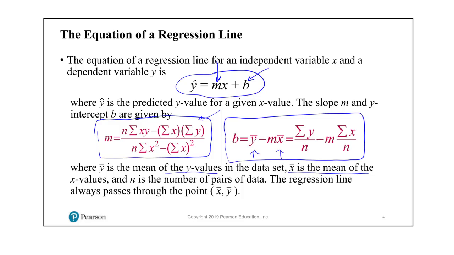In this equation here, you just found the slope before, and so this is the way that you could calculate that, where this quantity is y bar and this quantity is x bar. So once you've found m, you can calculate b, and then you get the necessary quantities to fill out your line. Note, this point, x bar, y bar, the means of the x's and the means of the y's, is always on the regression line.